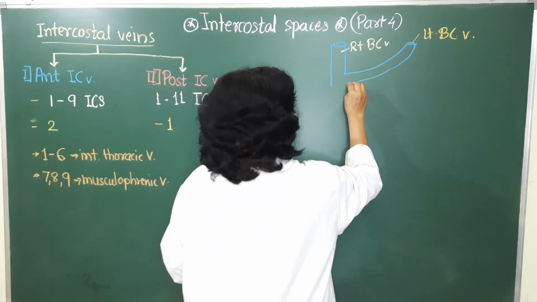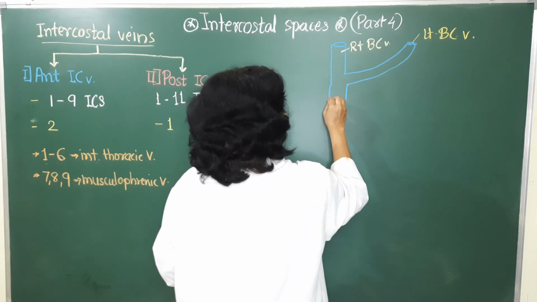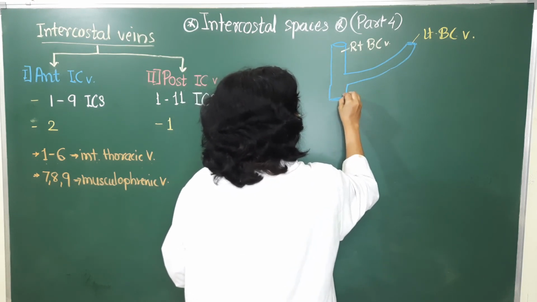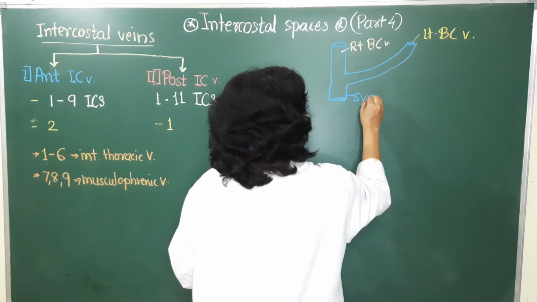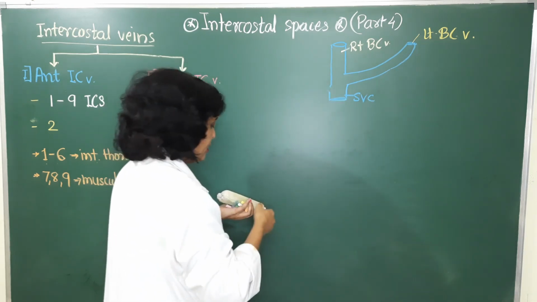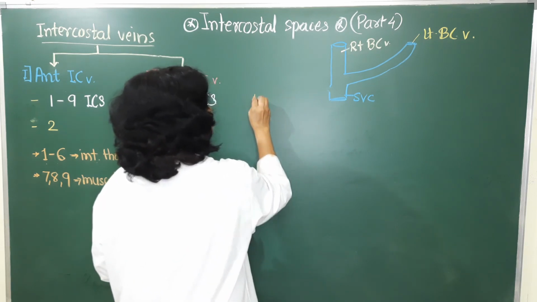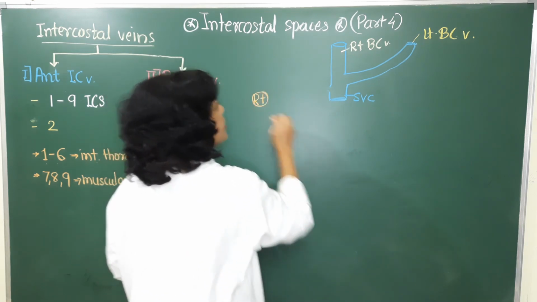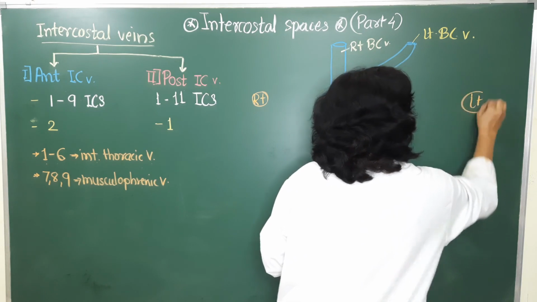Both unite to form the superior vena cava. In this diagram, this is the right side and here we get the left side.